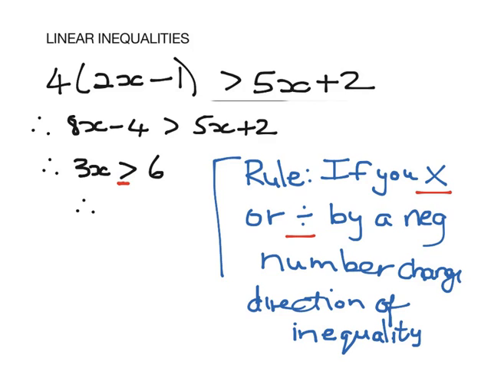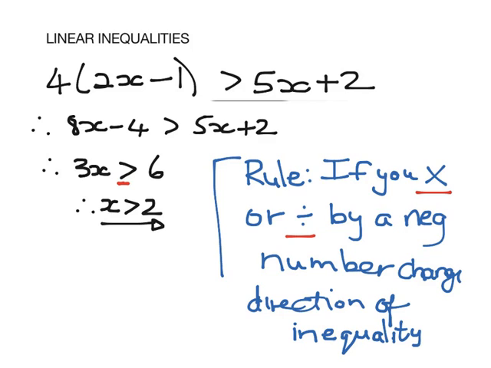Why negative 3? Do you see a negative 3 anyway? So why would you want to divide by a negative sign? You divide by 3. So are we dividing by a negative? No. So we don't change anything. So it becomes 3 and x is greater than 2.